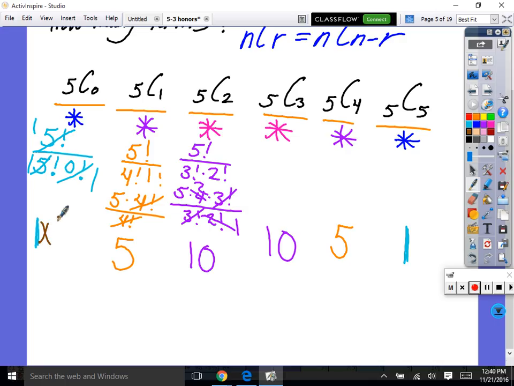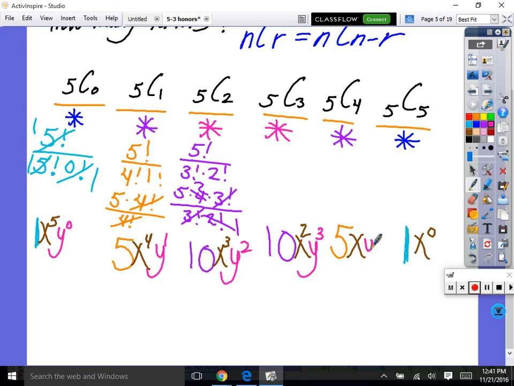So x to the 5th, x to the 4th, x to the 3rd, 2nd, 1st, x to the 0. And the y's will count up. y to the 0, y to the 1st, y to the 2nd, y to the 3rd, y to the 4th, y to the 5th.